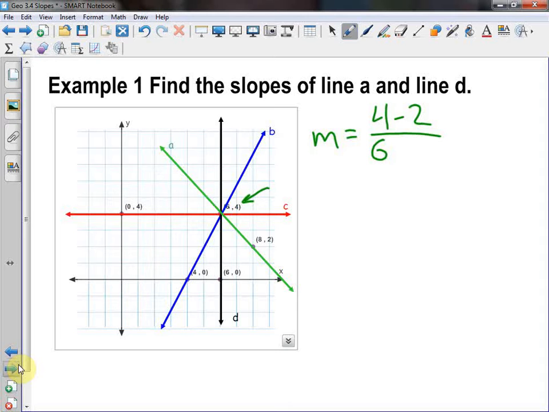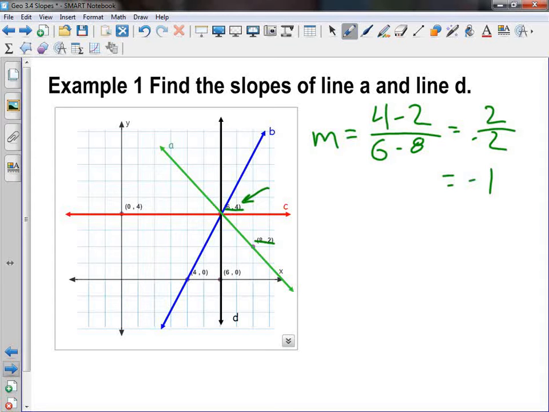No, I'll do both real quick. So we get 6 first because 4 is first, and they belong together right here. And since 2 is second, 8 is second, since they're both right there. So we're going to take away 8. We get 4 minus 2, which is 2, over 6 minus 8, which is negative 2, which is negative 1.